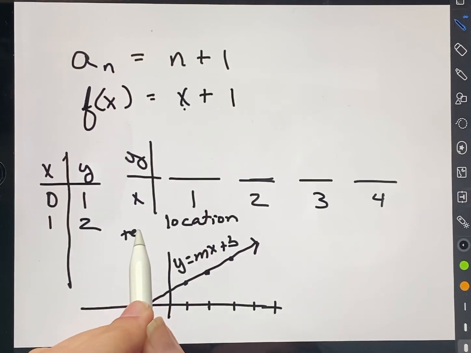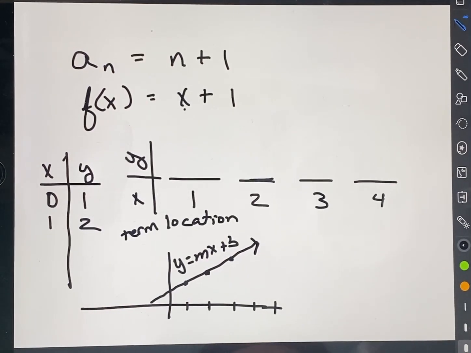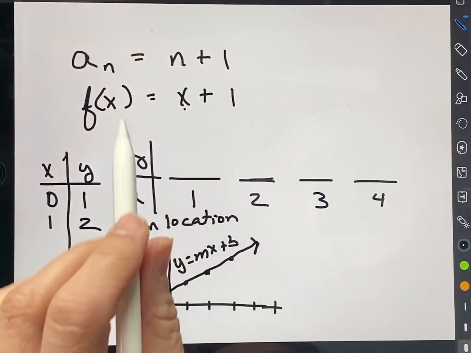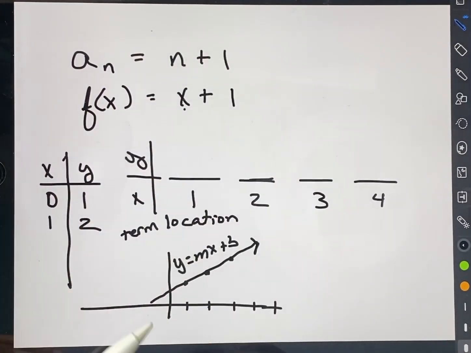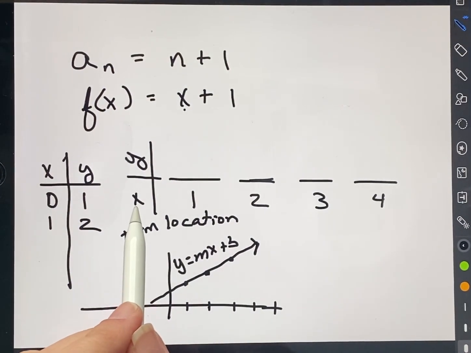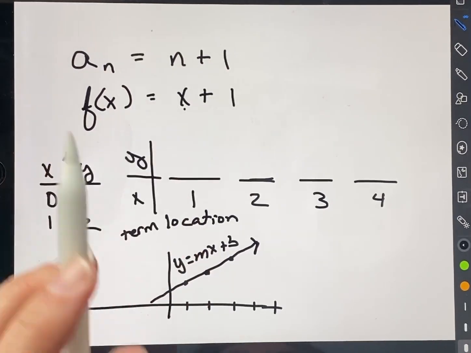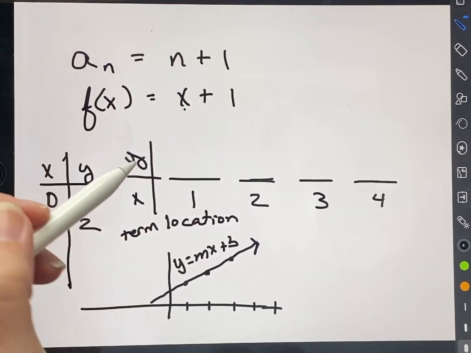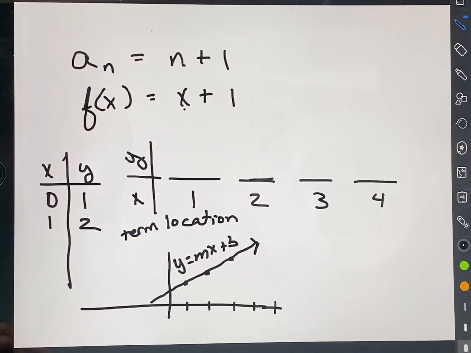It is a term location. However, it does correlate to a location on a graph. It does correlate to our equation because our term location is our variable value that we are plugging in to get an actual amount, which would be our y value.